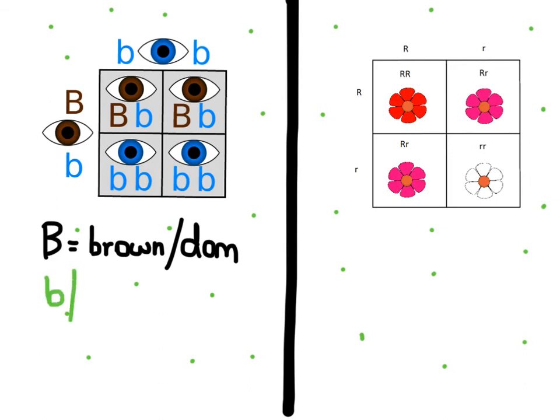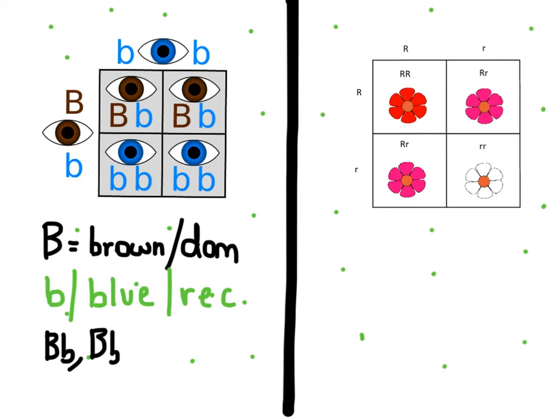The result of this cross is big B little b, big B little b, little b little b, and little b little b. So this means that the offspring will have 50% brown eyes and 50% blue eyes.